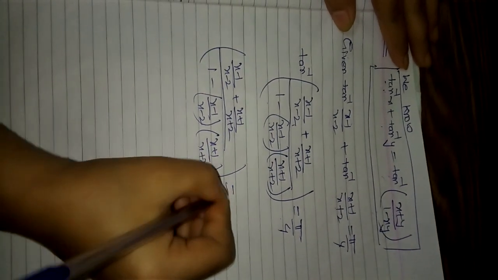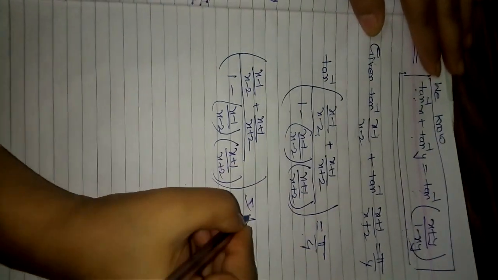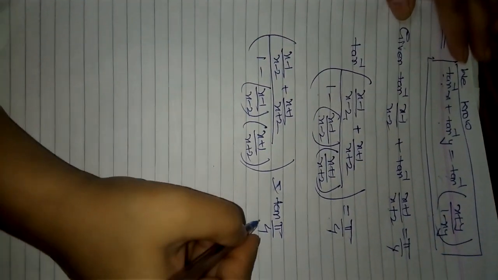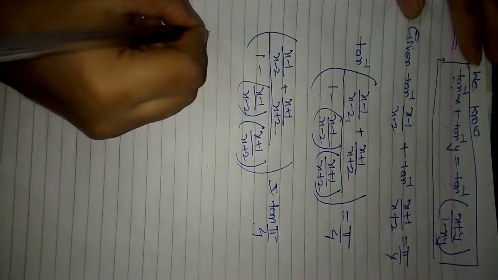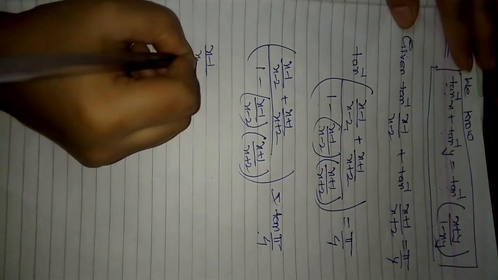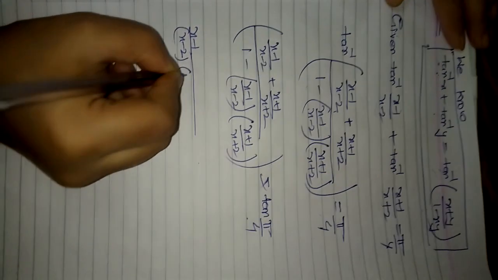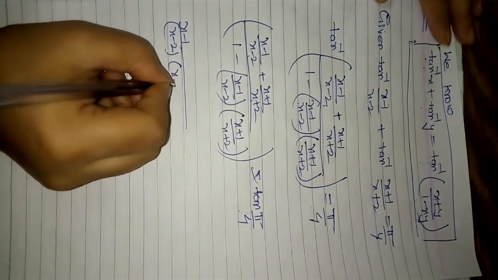And here tan inverse, transfer that side, so it will come tan pi by 4, and you know the value of tan pi by 4 is 1. So we can put in the next step, take the LCM: x minus 2 and x plus 2 is the LCM.